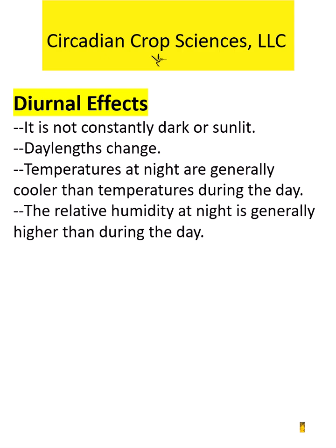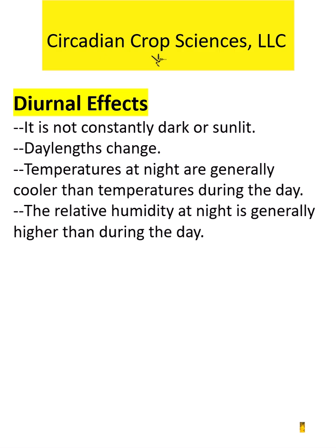Diurnal effects are going on. Sulfur particles are not constantly dark or constantly sunlit. The day lengths change. So, a sulfur application made in March is going to be in the daylight for a shorter duration than a sulfur application made in August.